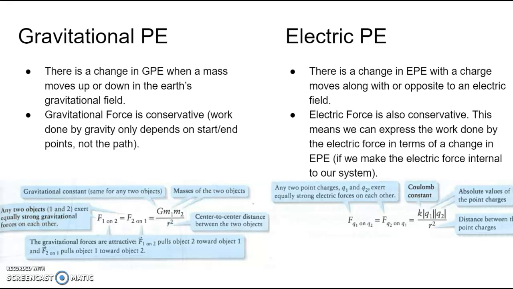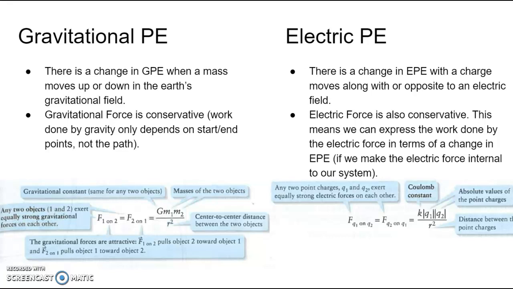The larger h is, the more gravitational potential energy there is, because that mass is moving in that gravitational field. Another thing we know is that the gravitational force is conservative. That means the work done by the gravitational force only depends on the start and end point, not the path. We also know the force formula is GMm over r squared.